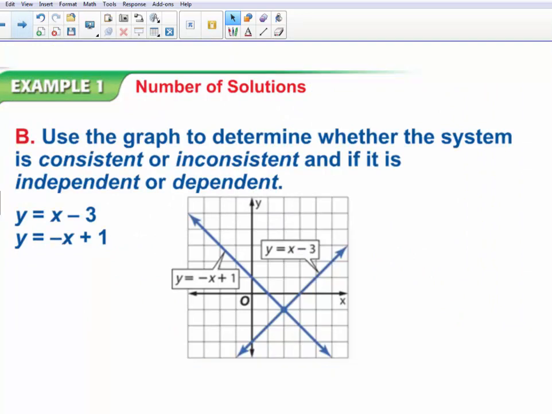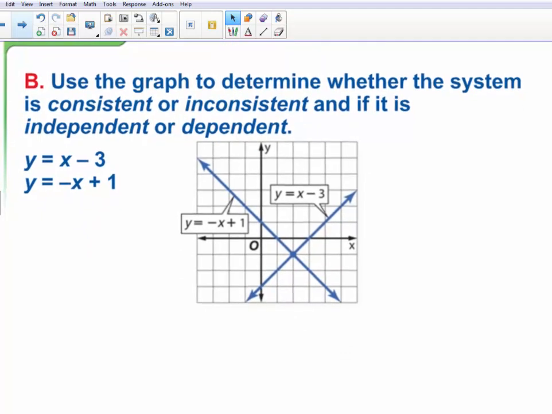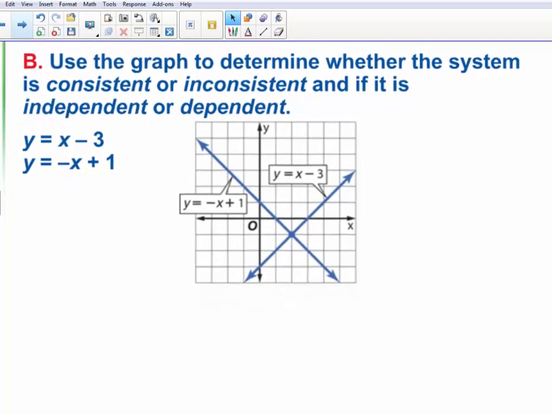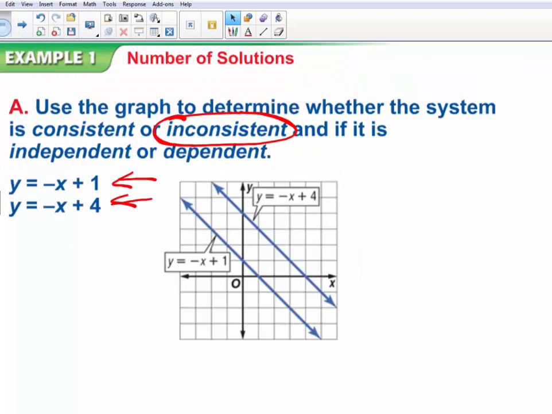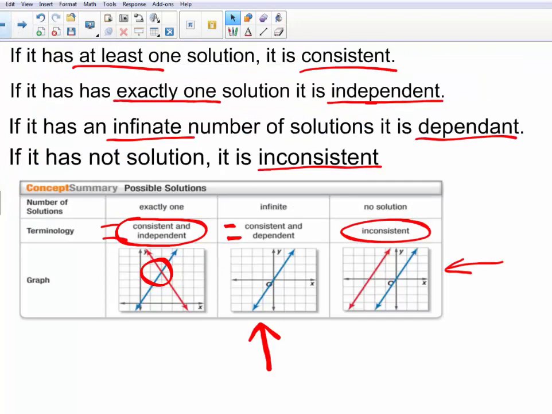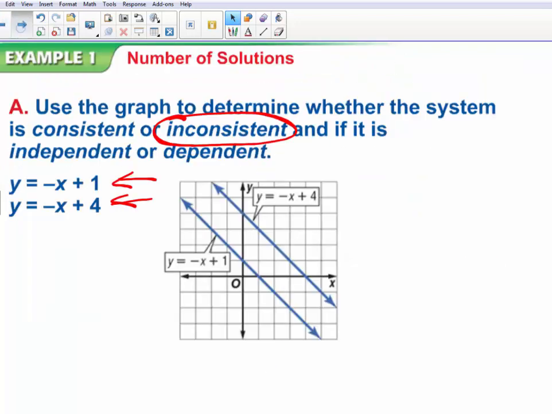Okay, B, use the graph to determine whether the system is consistent or inconsistent. It's going to be consistent. It has one point of intersection. And independent or dependent is going to be independent because it has the one point of intersection.